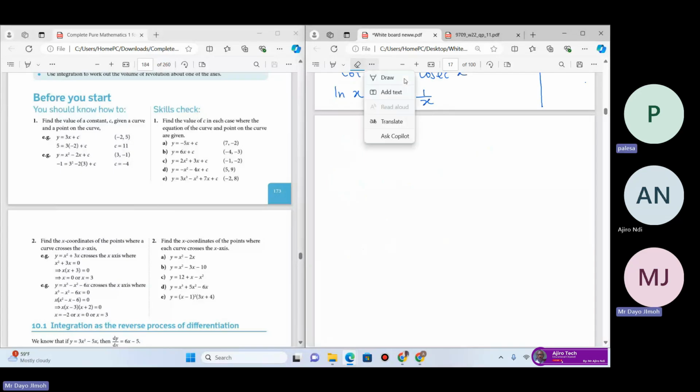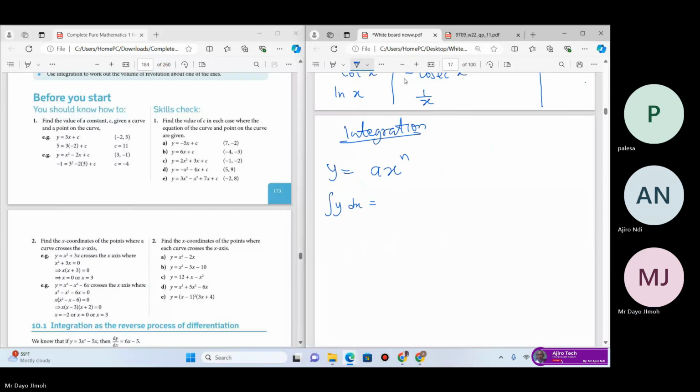Now, for integration, if y equals ax raised to power n, the integral of y dx is what? First of all, ax to the power n plus 1.